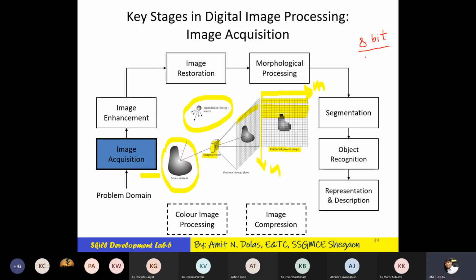If it is an unsigned image, then 2 raised to power 8, 256 shades are possible, and each shade will have certain intensity, and those intensities are recorded whenever this image is stored or digitized. So what is the information of a particular image pixel? Suppose this is the image pixel, its xy location, somewhere it is written m by n pixel location, and the third information is intensity.